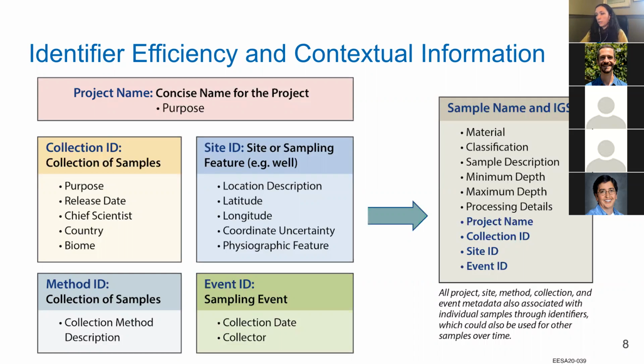And what you can do is assign a set of metadata to a collection ID, for example, and use that as a mechanism to associate all of that metadata to the individual samples. Otherwise, that metadata can be separated. So we use the identifiers as a way to associate all of the important metadata that might be more efficiently provided at a higher level, like a collection, a site, or an event, to the individual samples.